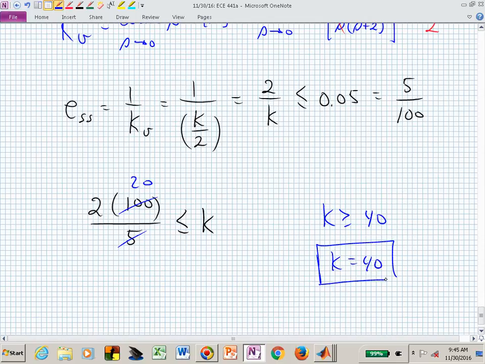Let's not get too crazy with how big we make our gain K. Let's say we just want to meet that particular steady state error spec. Is it clear where that gain came from? That's the very first step you have to work through before you can sketch your Bode plot.